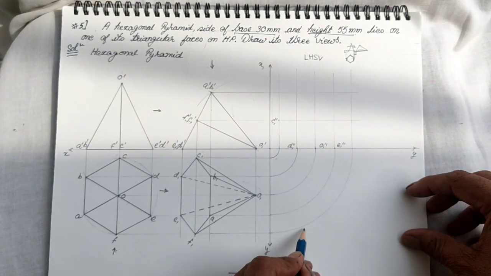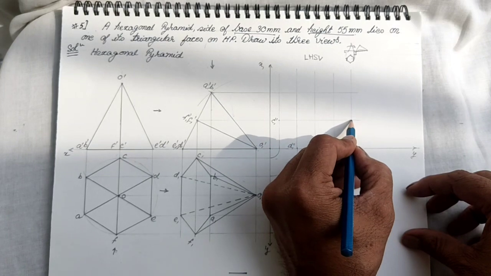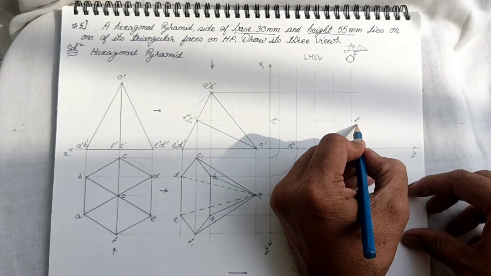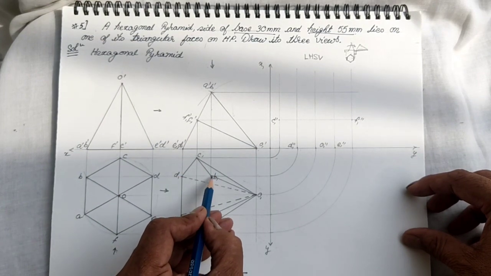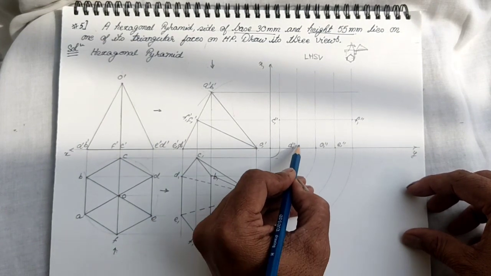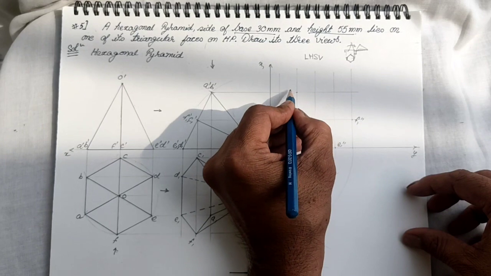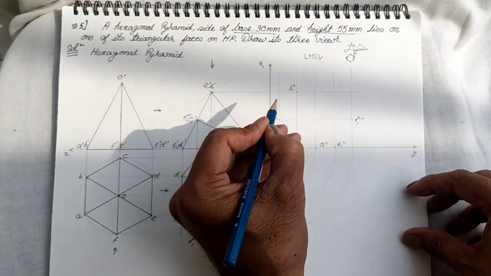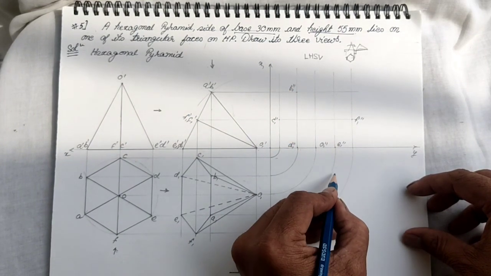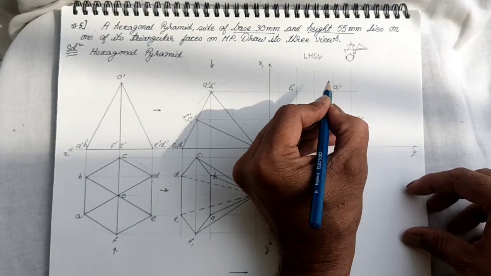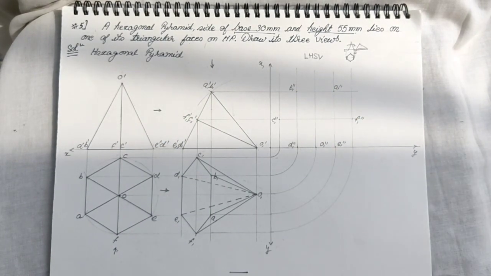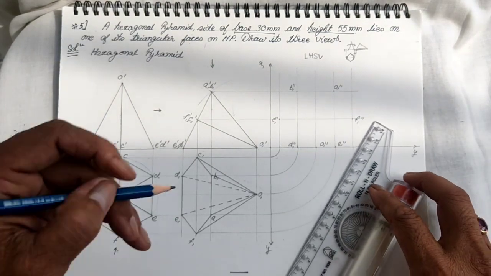This is F, so height of F. So this is F1 double dash. Then this is B. So this is B1 double dash, and this is A1 double dash.